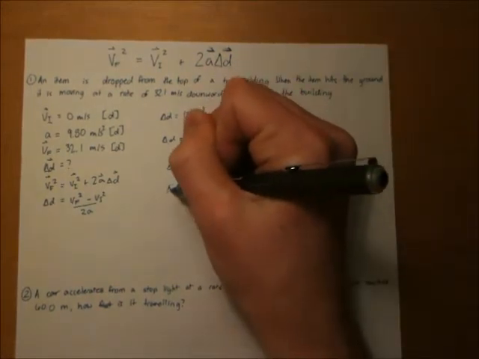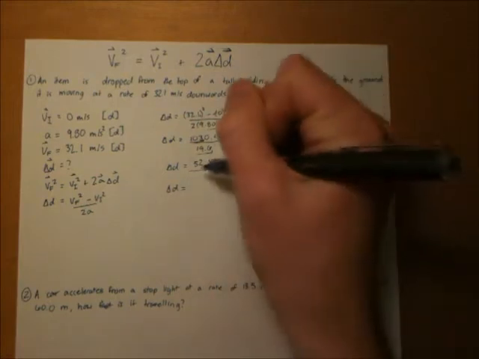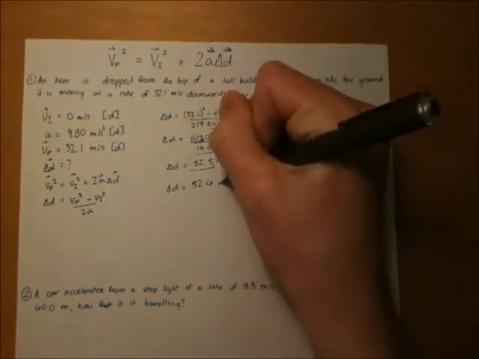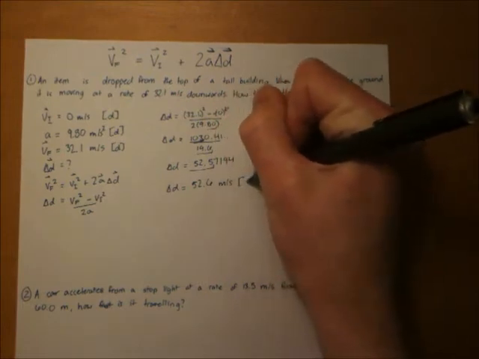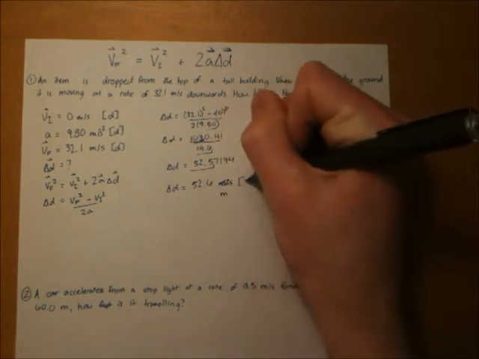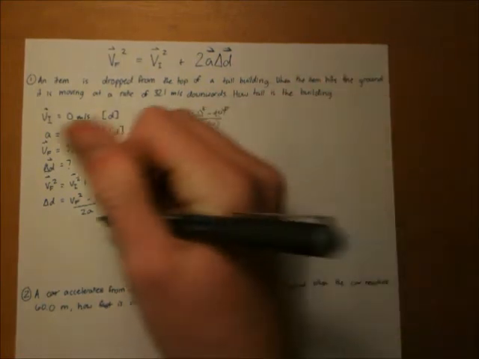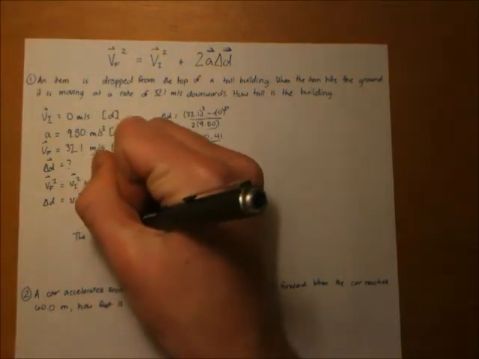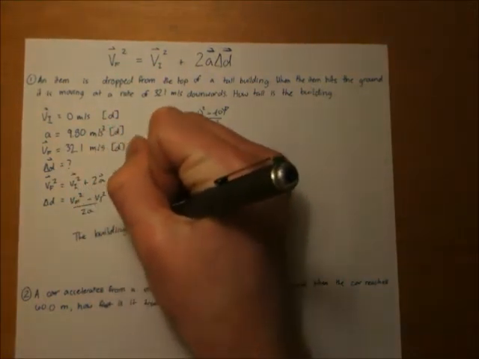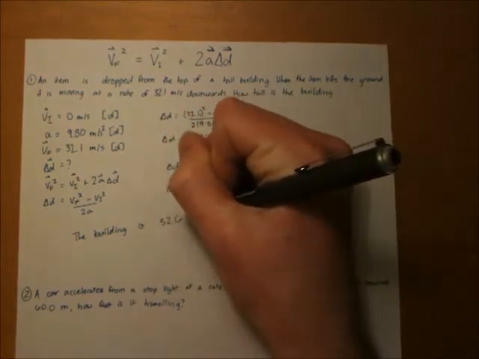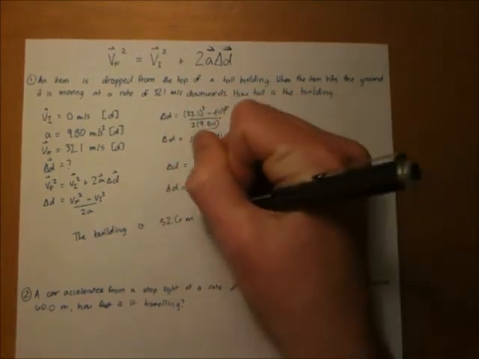So delta d is equal to 52.6 meters in the downward direction. The building is 52.6 meters high.